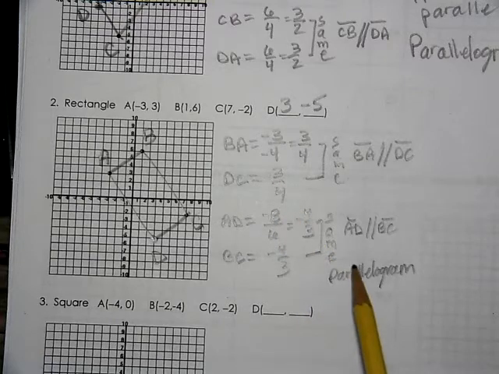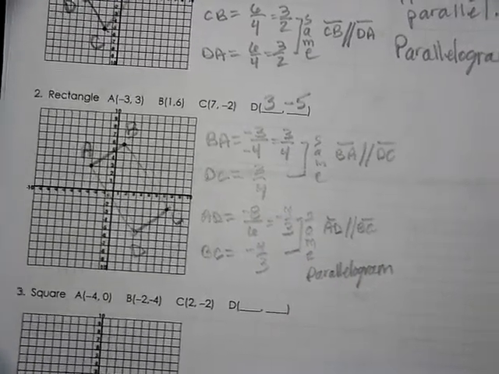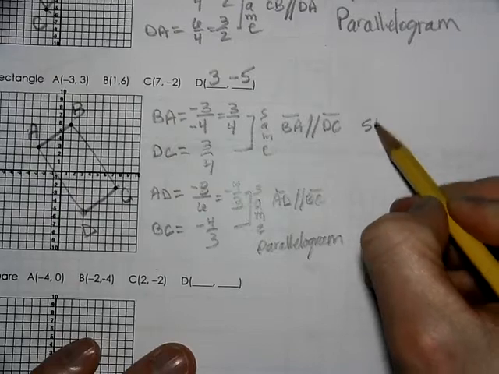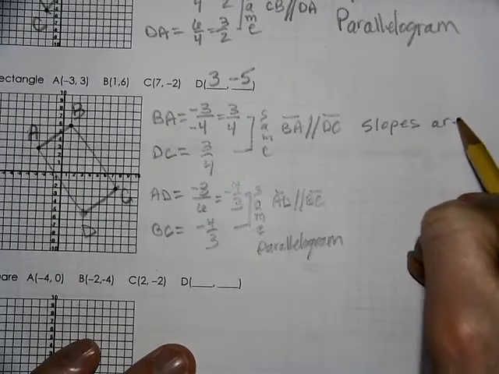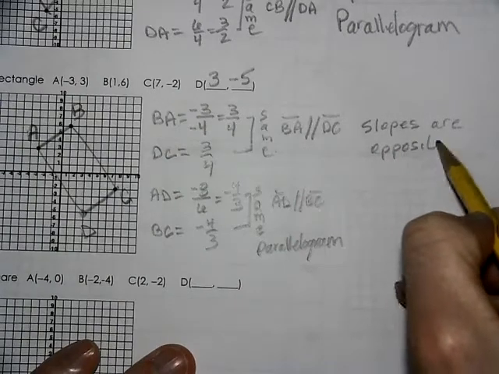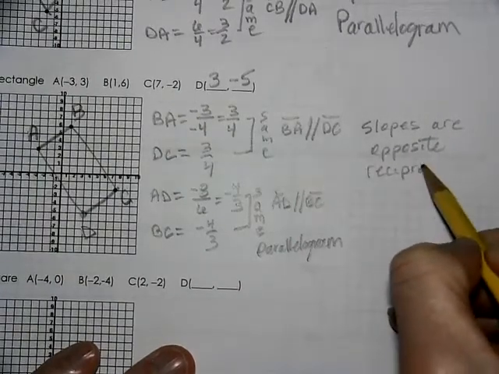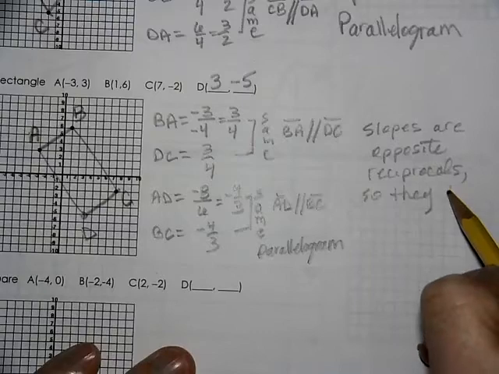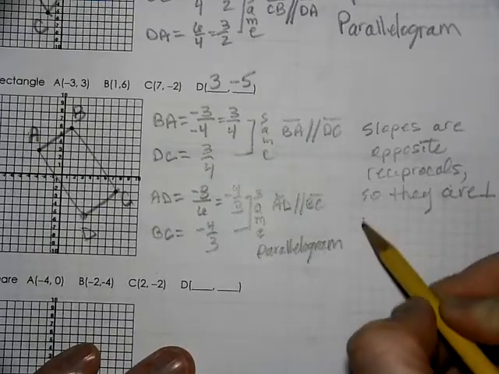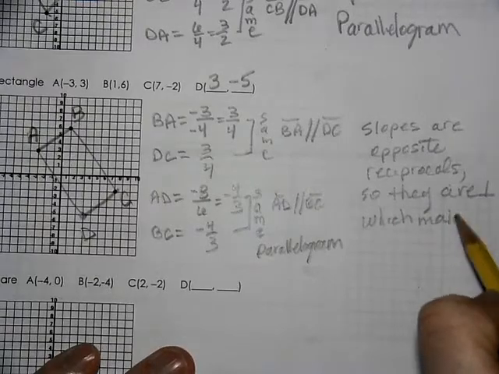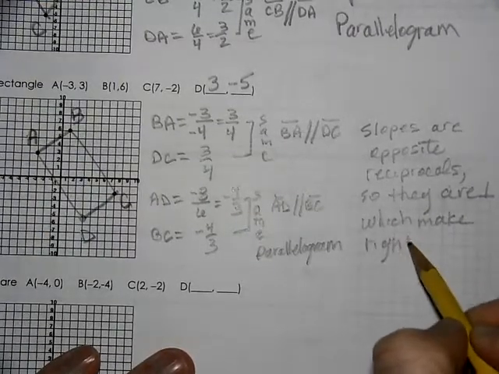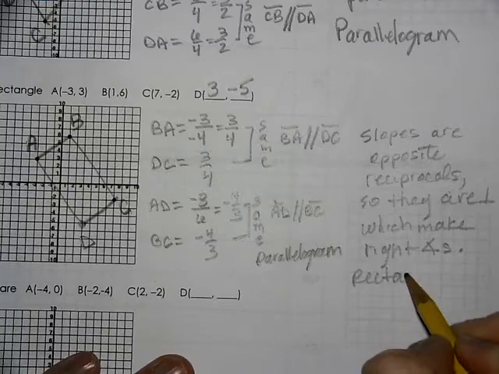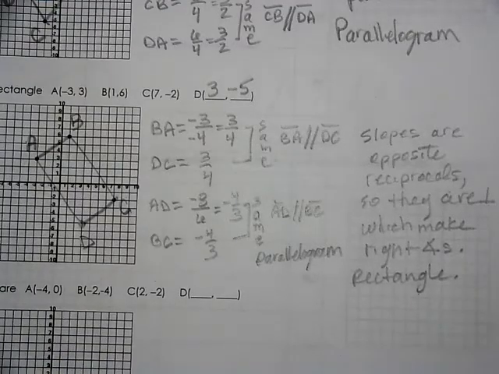Those are opposite reciprocals. That gives us a rectangle.